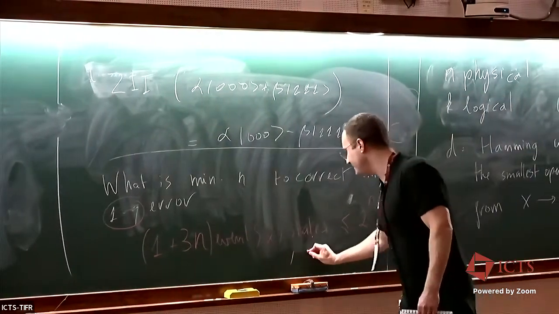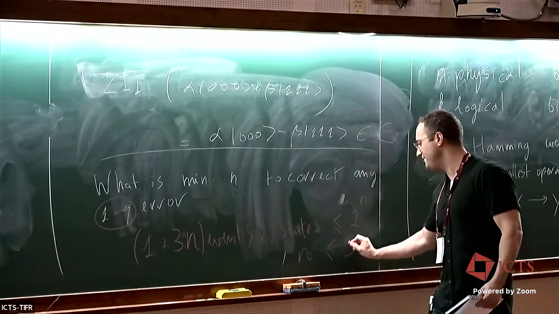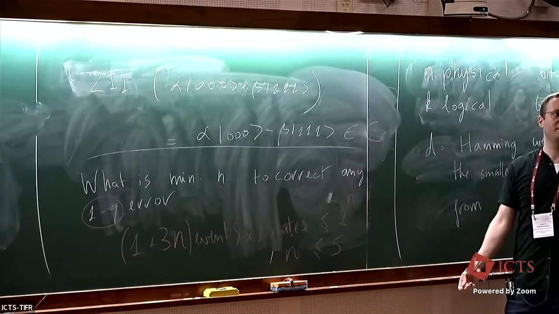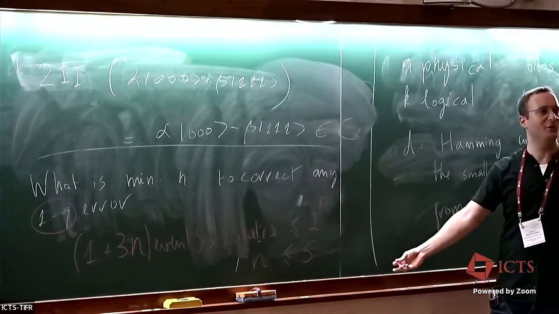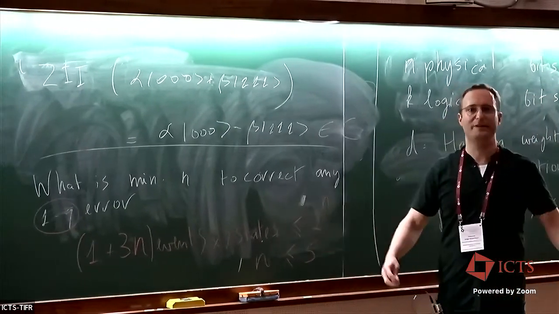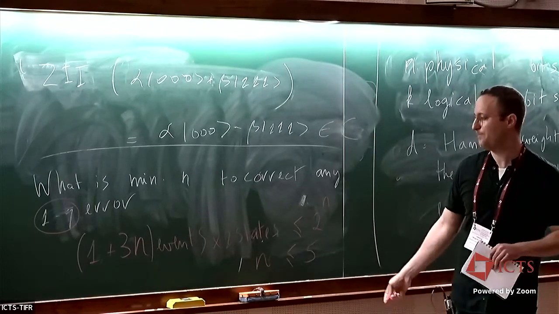So if you do the math, n is greater than or equal to 5. And it turns out that there is a code that is a 5-qubit code. It's called the 5-qubit code, and it corrects any single qubit error, including bit flips and phase flips.